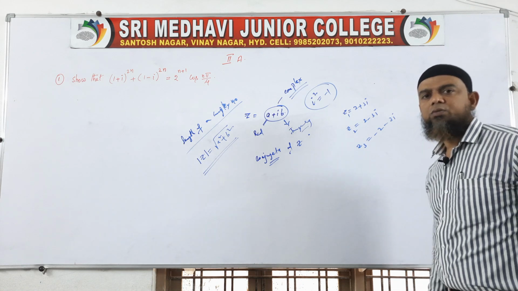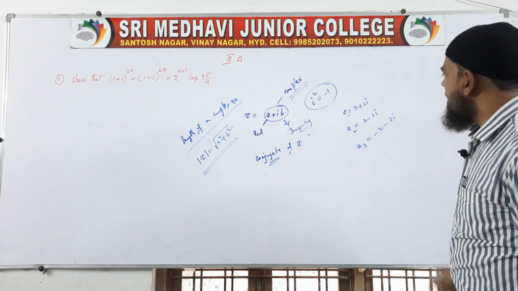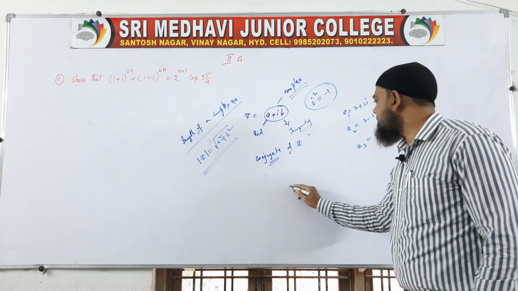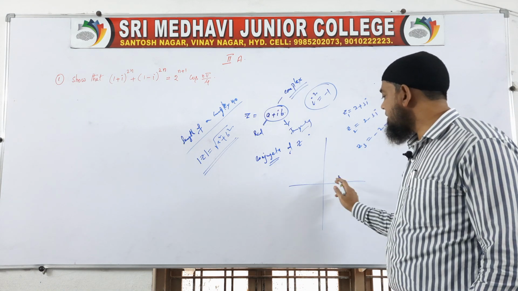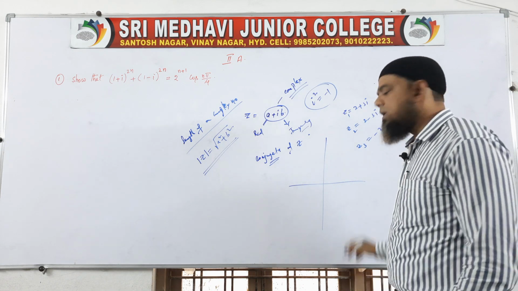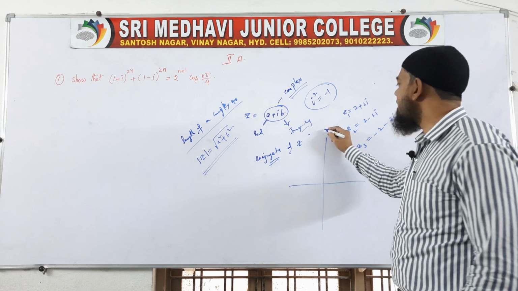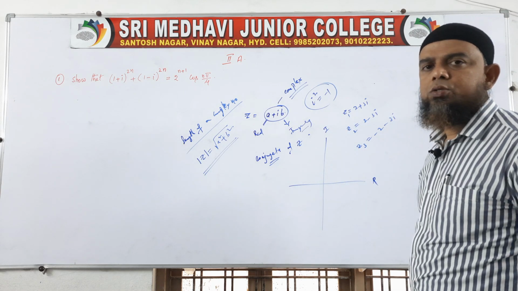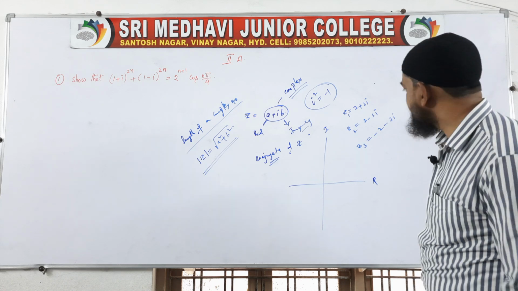We have to plot the points in the Argand plane. This is the real line and this is the imaginary line. Now this plane is known as the Argand plane.